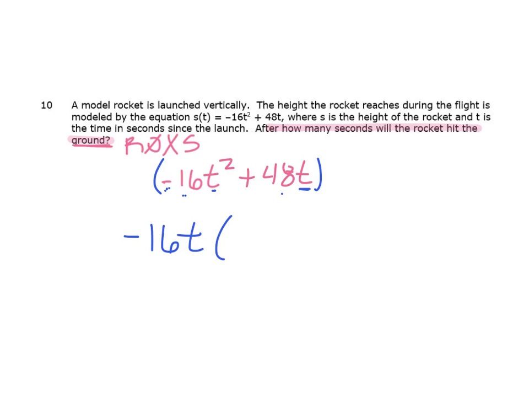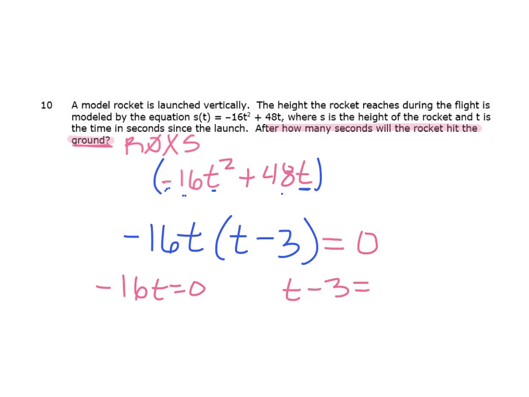Then I put back the leftovers, which is a t. 48t divided by negative 16t is a negative 3. Because we're looking for those solutions, we set it equal to 0. So I have negative 16t equals 0, and I have t minus 3 equals 0.